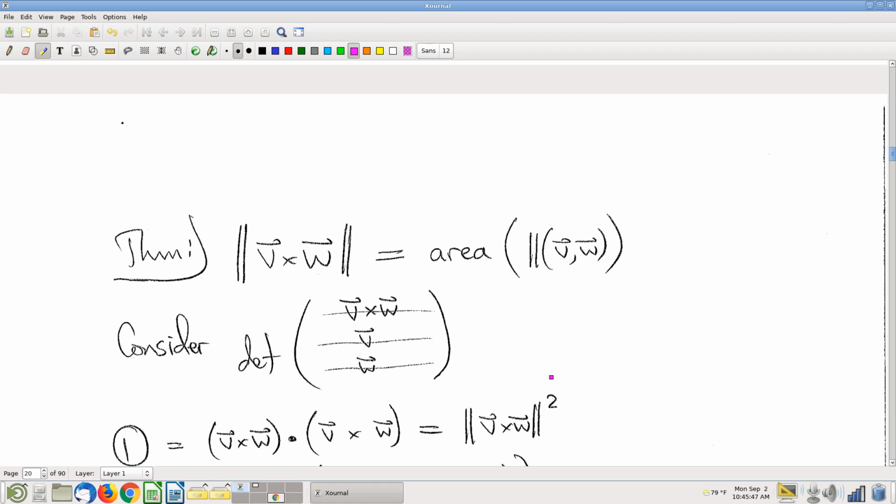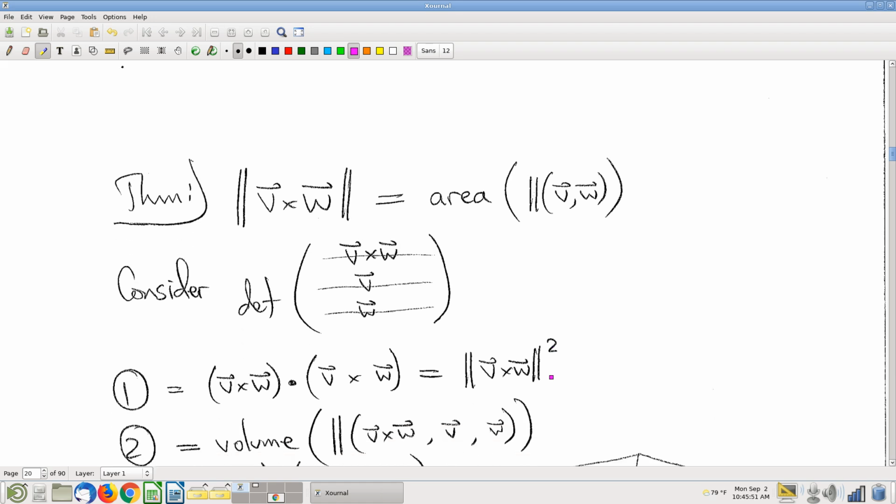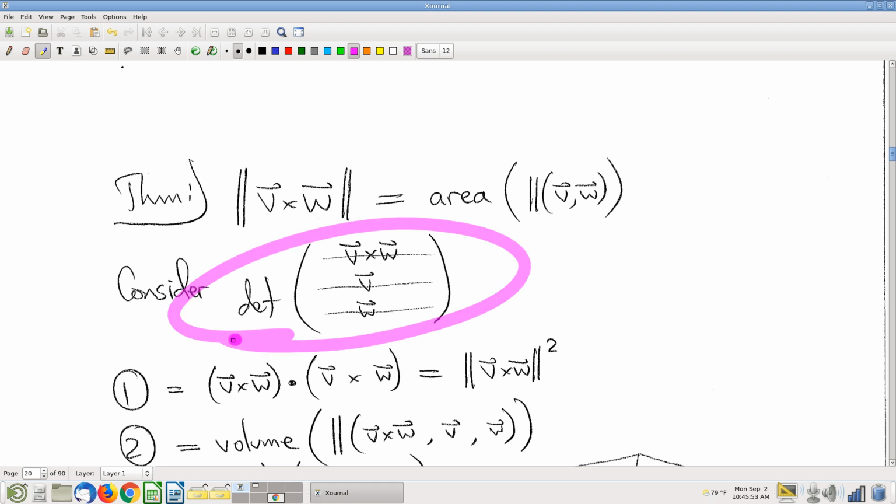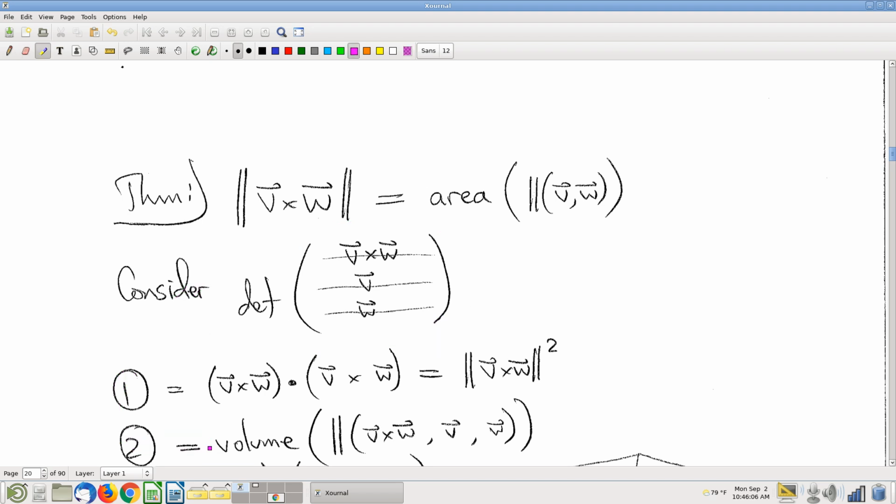All right, now, completely unrelated calculation to follow. Another thing I know about this determinant. On the one hand, it's a magnitude squared. Sure, fine, cool. But being a determinant, it's also a volume. It's the volume of the parallelepiped that you get by looking at these three vectors.